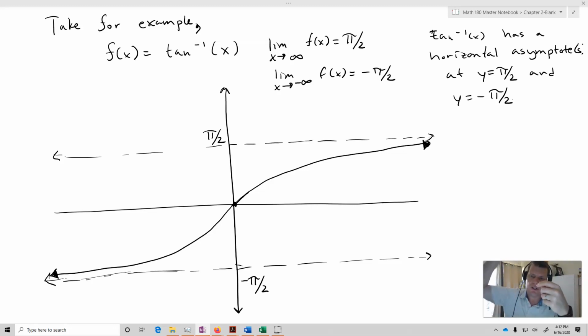So if we actually have a number that it goes to, then it's going to have a horizontal asymptote. Otherwise, if it just continues to get big forever, then we say that it has a limit at infinity. And if it gets small forever, going down towards negative, it'll just have a limit at negative infinity.